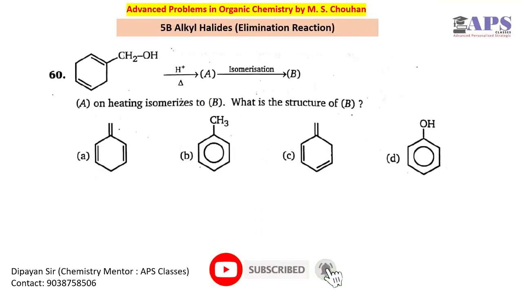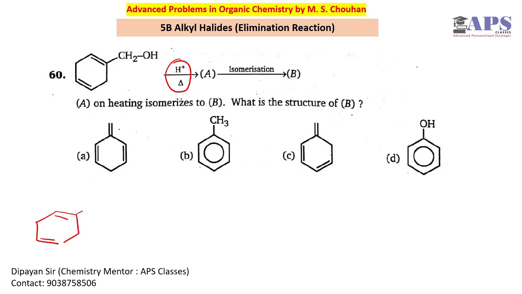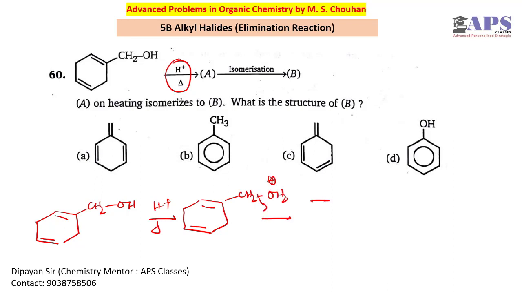Last question of this series, we have to add H plus and heat. So initially we have CH2. Now addition of H plus and heat will give CH2 OH2 plus, after elimination of water. After elimination of water, this type of situation is formed.